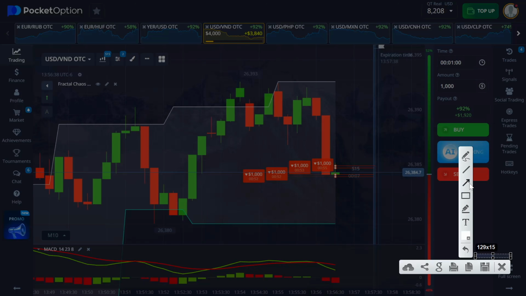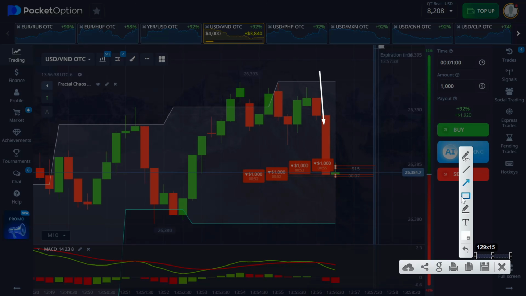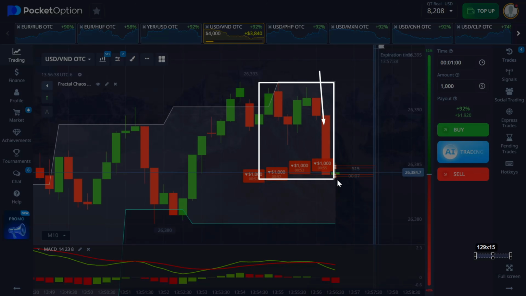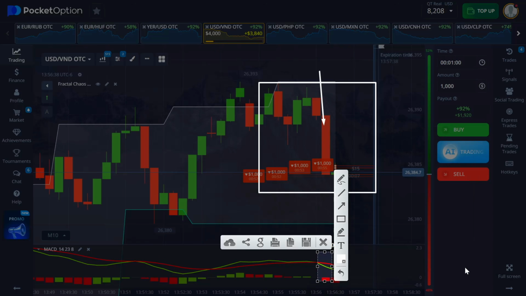Let's analyze this strategy. This right here. Now I saw that there was a push to the downside by this candle here, and we're already inside of the band, right? Fractal chaos band. MACD officially crossed confidently. Oh my bad.